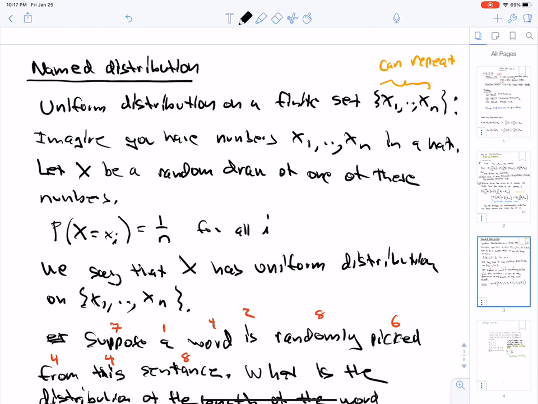And it just means that you're randomly choosing any one of the elements in your finite set randomly, like out of a hat. So the probability of you getting any one of those n elements, x1 to xn, is 1 over n. And so that's the distribution. It's called the uniform distribution.